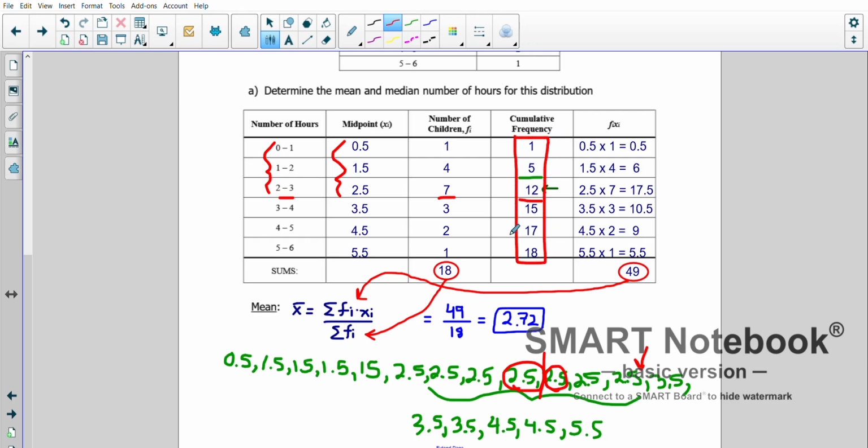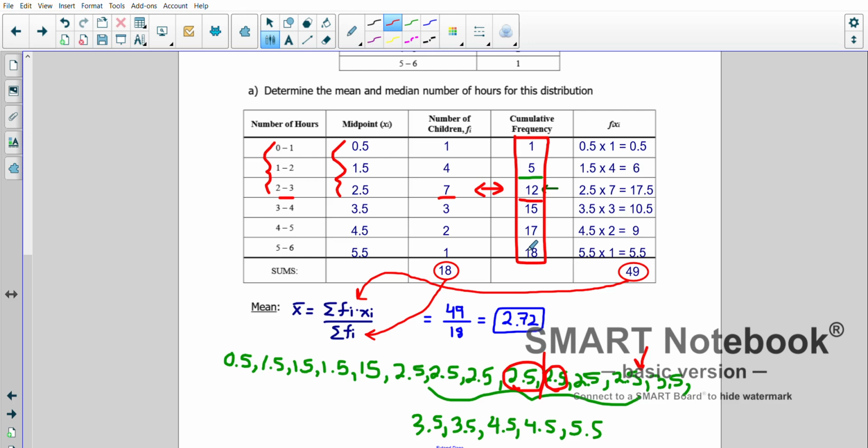So I need the 9th value. Well, I know that up to 5 is in this interval. So that means that 6, 7, 8, 9, 10, 11, and 12 must be in this interval. 13, 14, 15 are in this interval. 16, 17 are here.